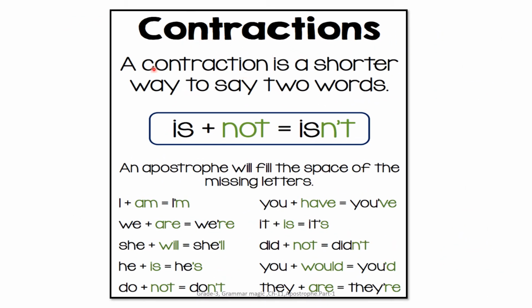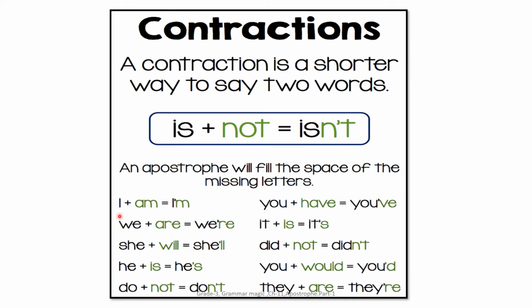Now contractions. A contraction is a shorter way to say two words. So in short, we can say it's omission of letters or words. These are some examples of omission of letters or words. Is plus not is equal to isn't. An apostrophe will fill the space of missing letters.